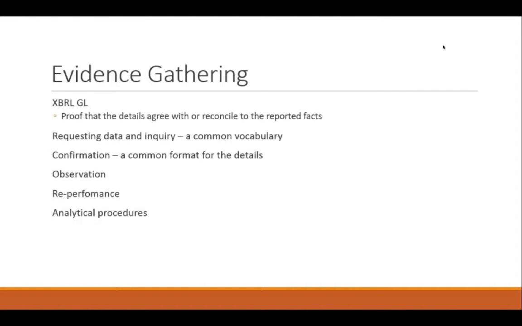Also, regarding evidence gathering, because all the XBRL information is digitalized, the evidence can be gathered in electronic format. We can use it to do the confirmation, and we may not need to do the observation, and the electronic format can also help us to reperform some calculations and do the analytical procedures.